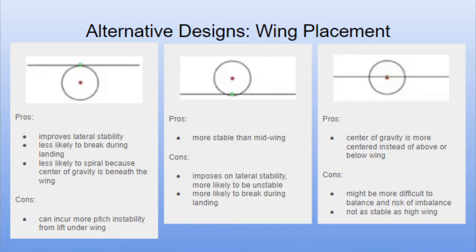For the alternative designs for the wing placement, we see that there are a lot of great characteristics or pros for the above-the-fuselage placement of the wings, and not so much for the other two. There were some advantages, but not a lot, and more so cons.